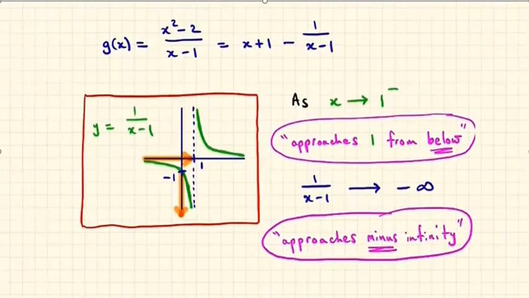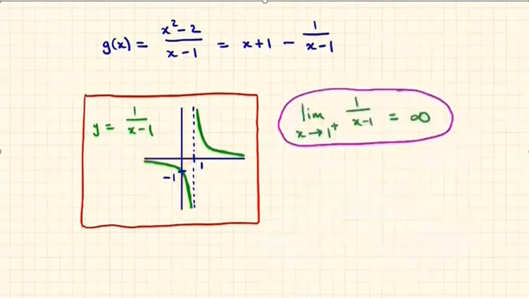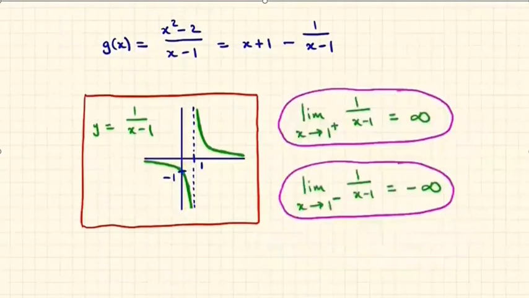So we have these two contrasting behaviors of 1 over x minus 1 expressed using limit notation and the infinity and minus infinity symbols, which is notation for getting arbitrarily large and positive or negative.